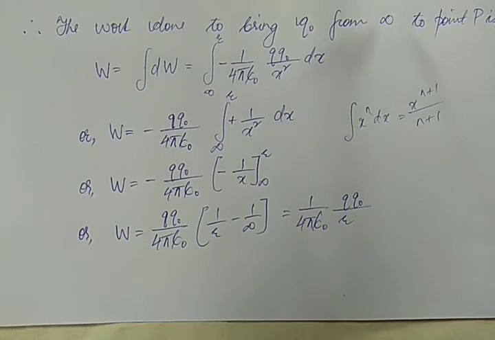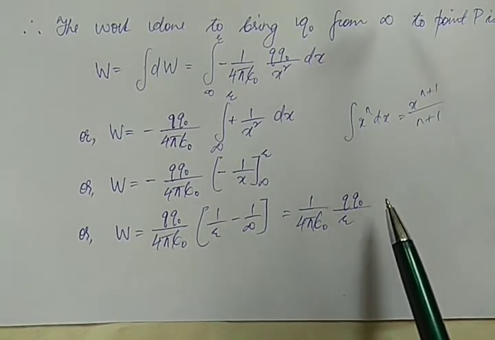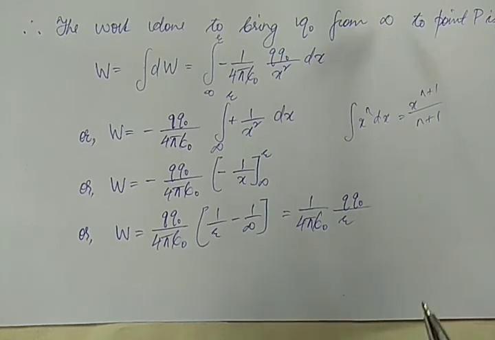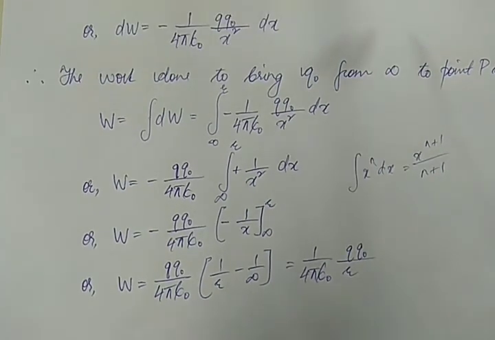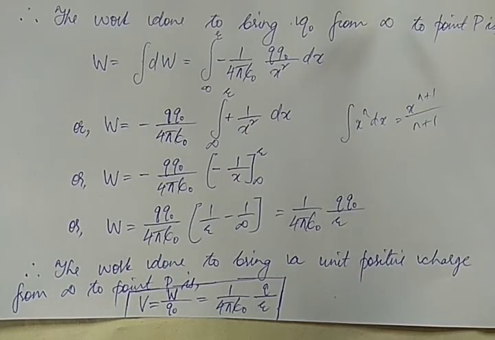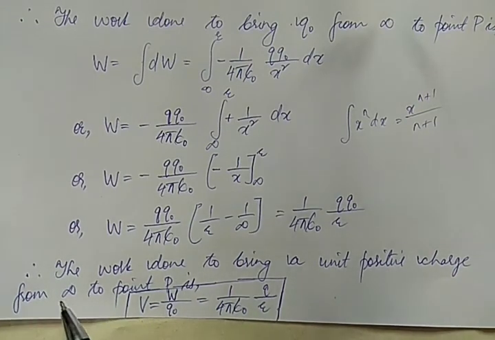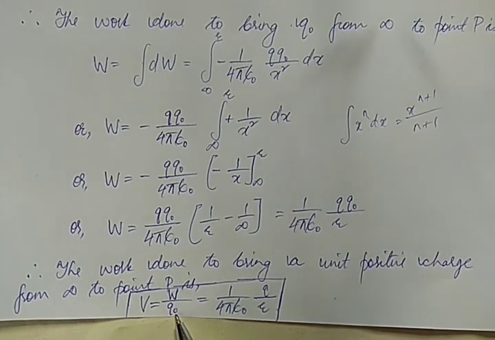But we do not want the work done to bring q naught from infinity to point P. We want to see the work done to bring a unit positive charge from infinity to point P. If the work done to bring charge q naught is this much, then the work done to bring a unit positive charge from infinity to point P is V, which is W by q naught.